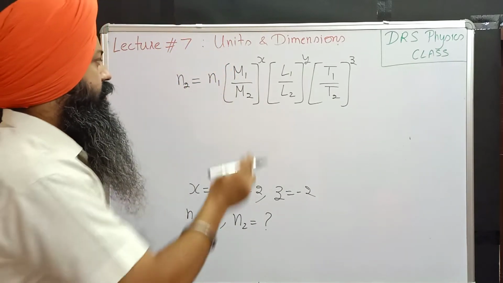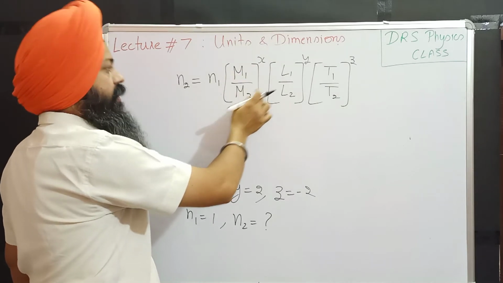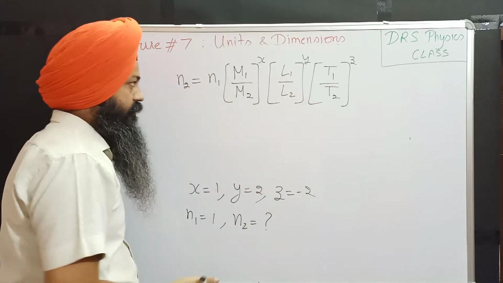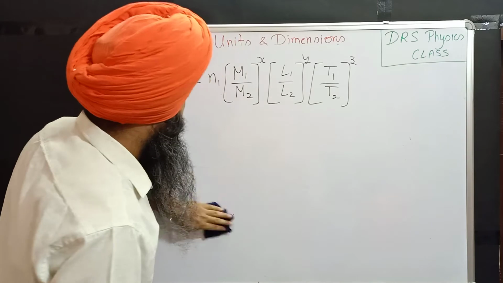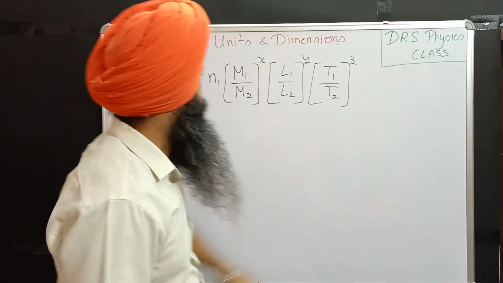We know that M1 in SI unit is kilogram, M2 is gram, L1 is meter, L2 is centimeter. We could skip that step, but let us include it so that you can practice a little better.